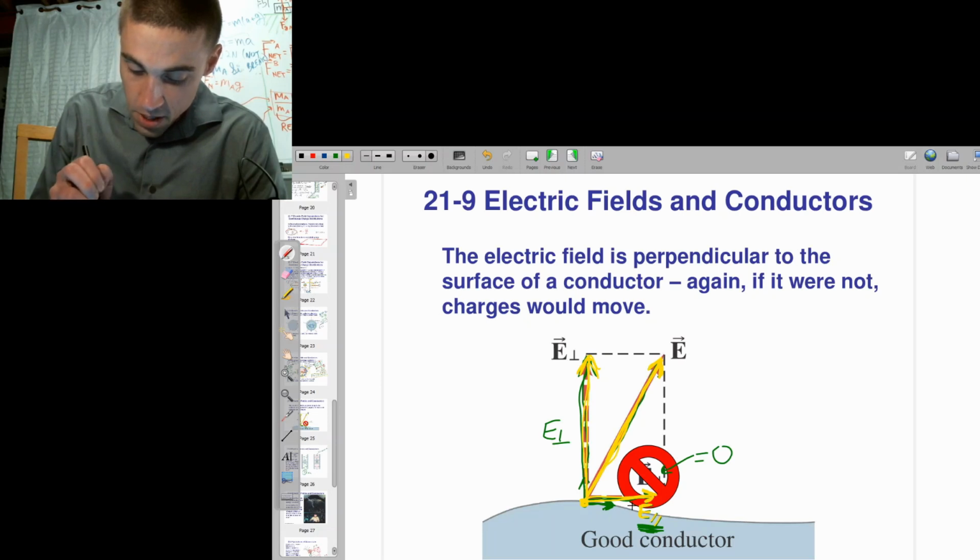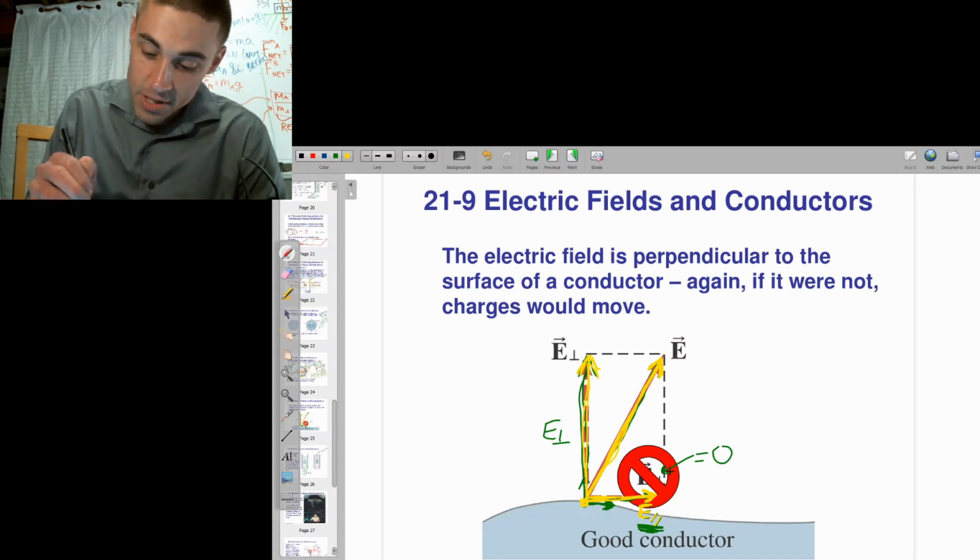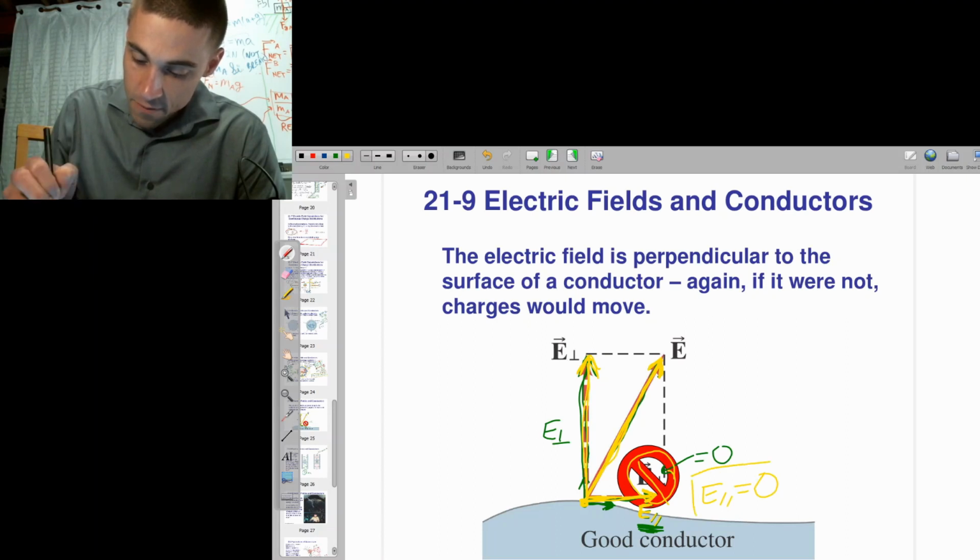It would experience a force in a direction that it can go, parallel to the surface. But we already said from the outset that we're in the electrostatic case. So E parallel is 0 for the electrostatic case.